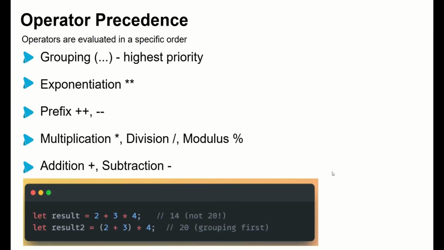Let's move on to operator precedence. With the different operators that we have, there are specific rules governing the order in which we are supposed to use them. The first part is grouping, which is given the highest priority. This means if you have an expression in brackets, that is going to be given the highest priority before any other expression.